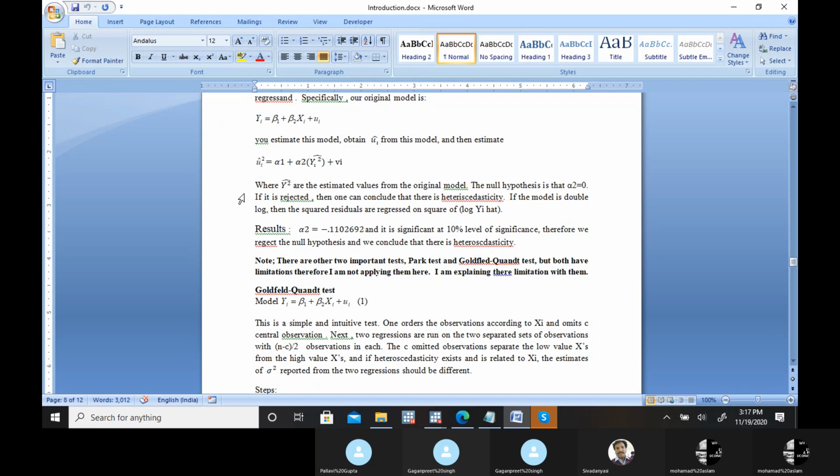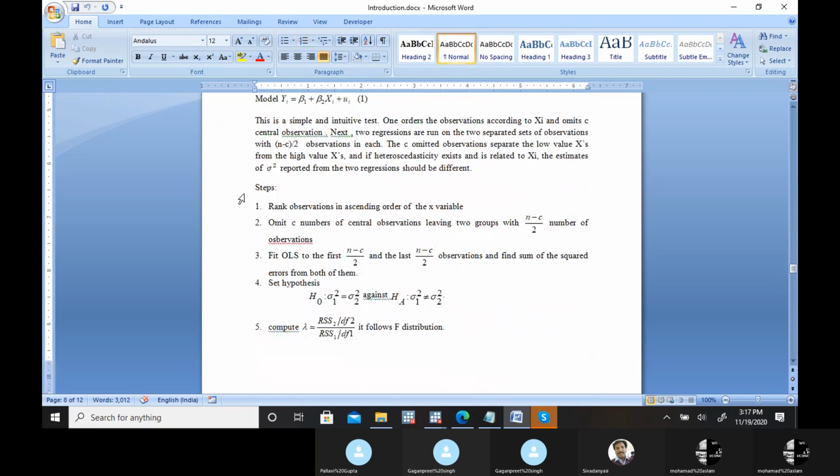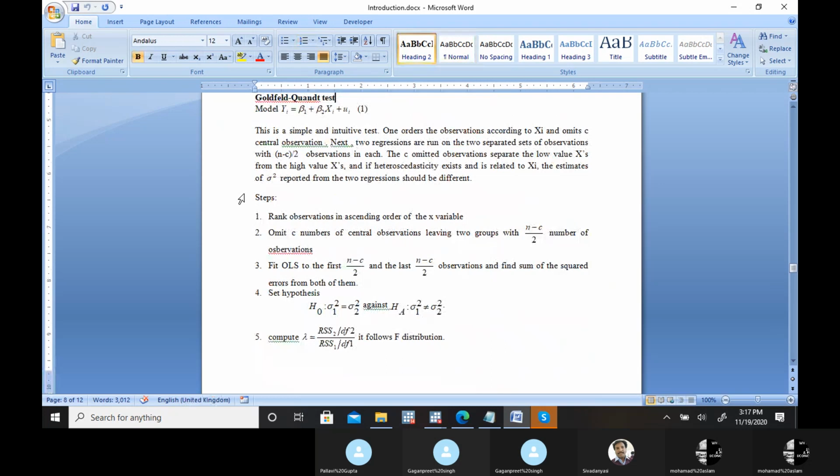Actually, the process of these methods is an improvement of one method on another. If you start with the Park test, then Glejser test, then Spearman, then Goldfeld-Quandt, then Breusch-Pagan, then White heteroscedasticity, then Conger-Bassett, these are improvements of one method over another.